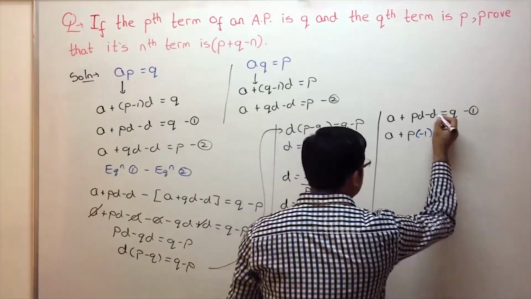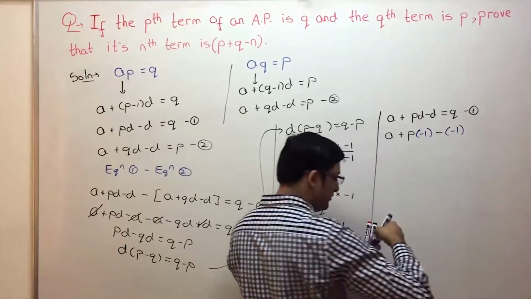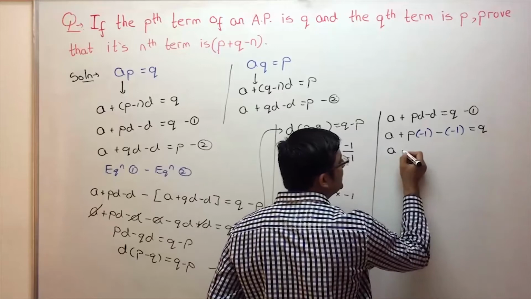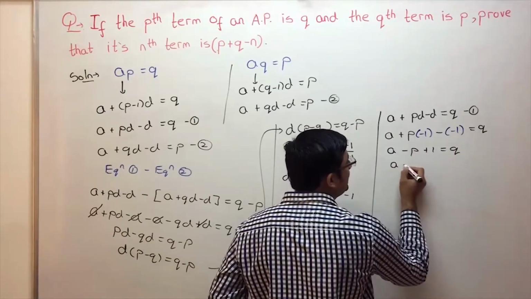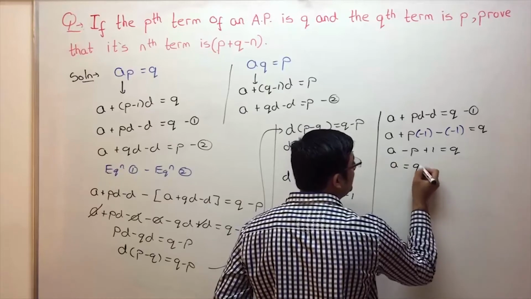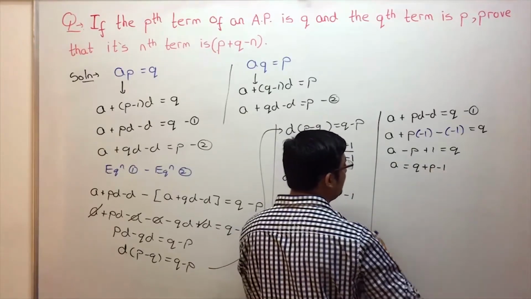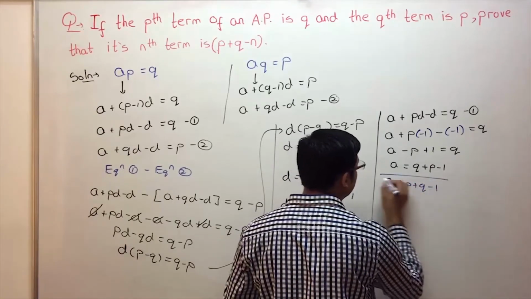Minus D, so that is plus 1, is equal to Q. So A plus P into minus 1 is minus P, plus 1, is equal to Q. From here we get A is equal to Q plus P minus 1. So the value we get is A is equal to P plus Q minus 1.